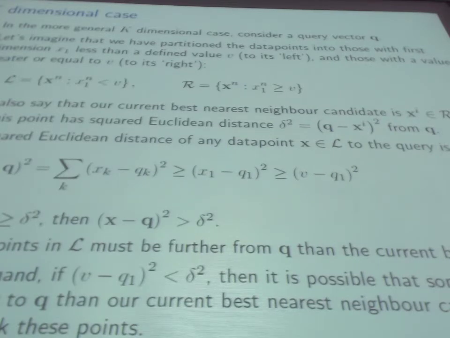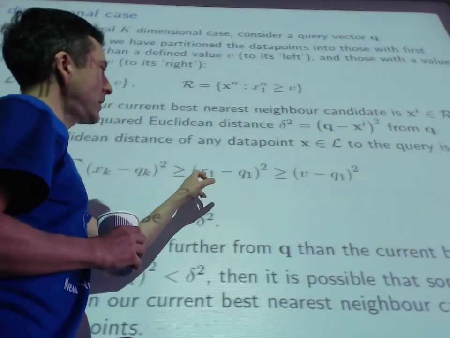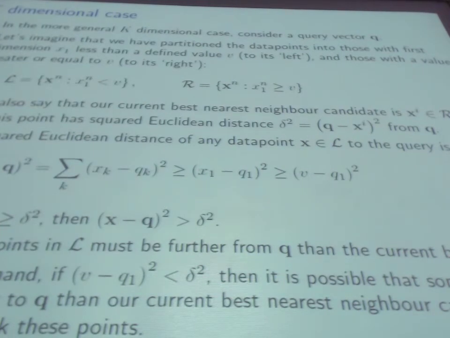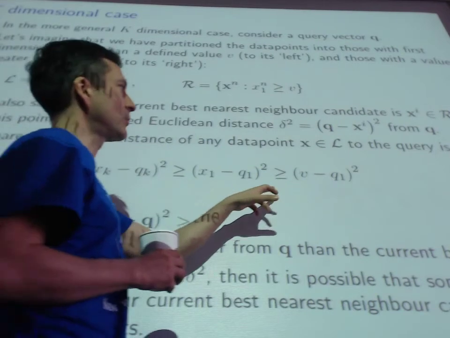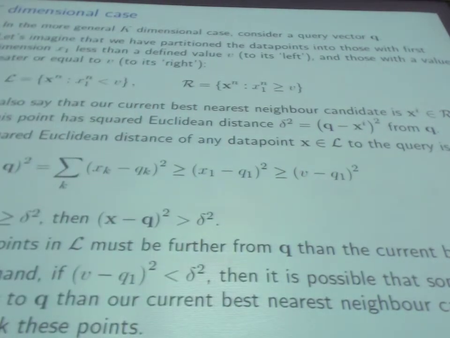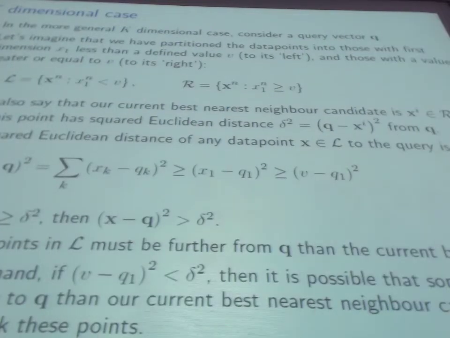And because the x1s here are always in the right-hand plane, this situation must hold, which corresponds to the one-dimensional picture.